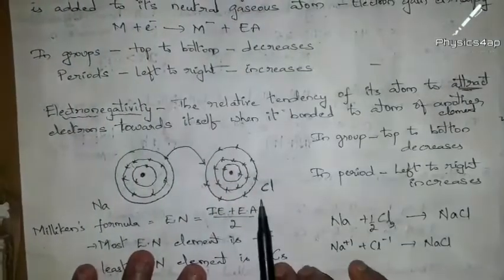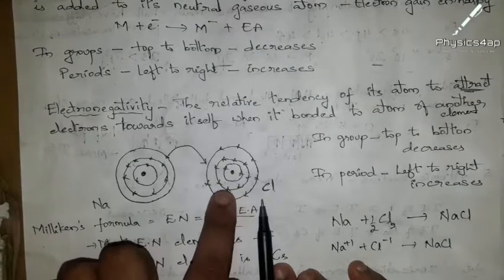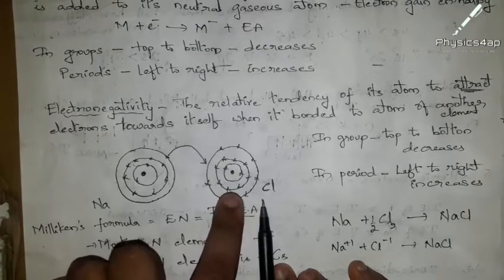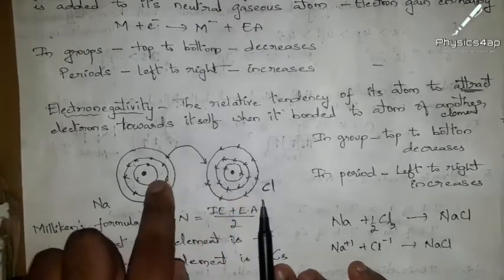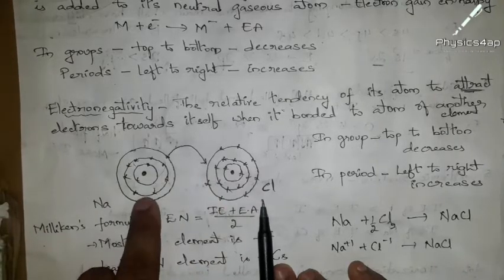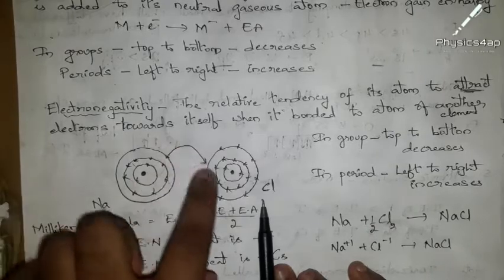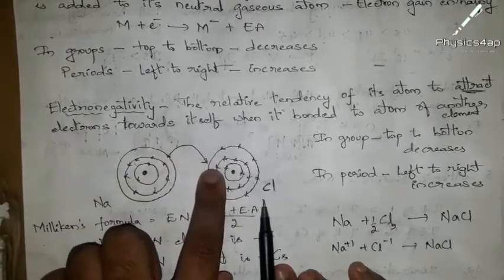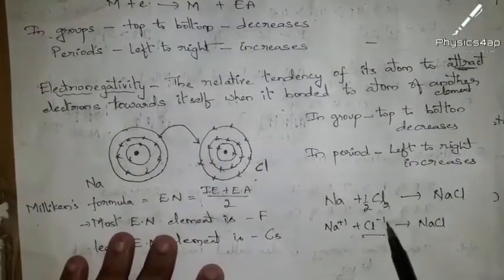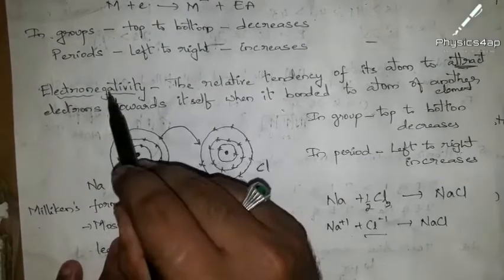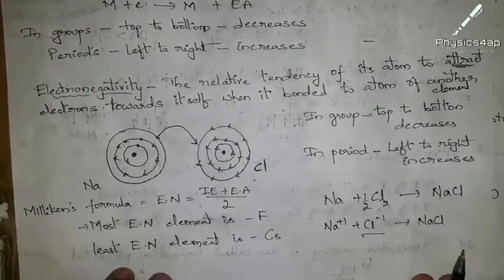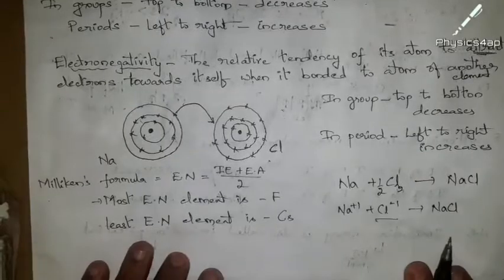Now, when the electron is attracted to it, the chlorine becomes Cl minus 1, which is called the electronegativity nature. And this electronegativity nature can be calculated with the help of Mulliken's formula. Mulliken's formula is nothing but the ionization energy plus electron affinity divided by 2. By calculating this, we find the electronegativity of the elements.